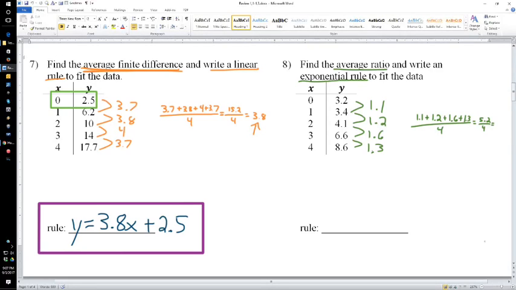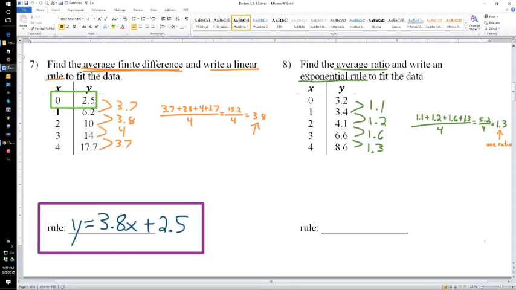And that should divide out to 1.73333, whatever. So I'm going to just erase that. 1.73, so we're going to call that 1 point... No, that can't be right. Something's up. 5.2 divided by 4 is 1.3. That was my initial assumption, and that was correct. Okay, so that is your average ratio.